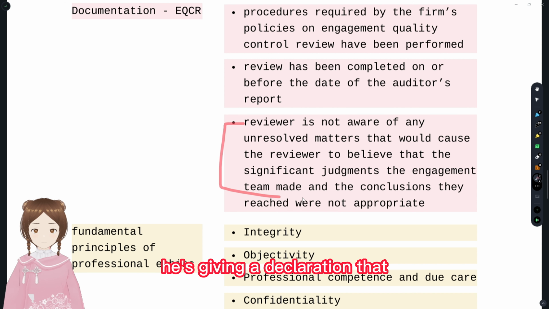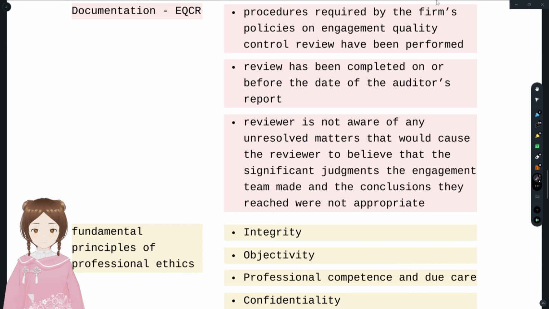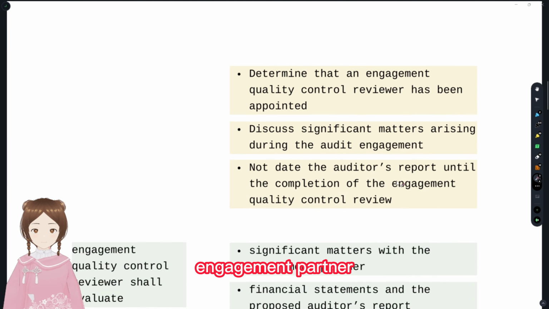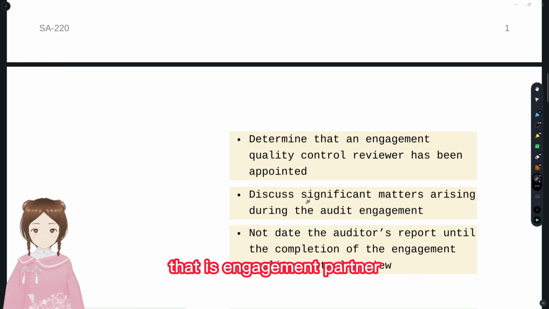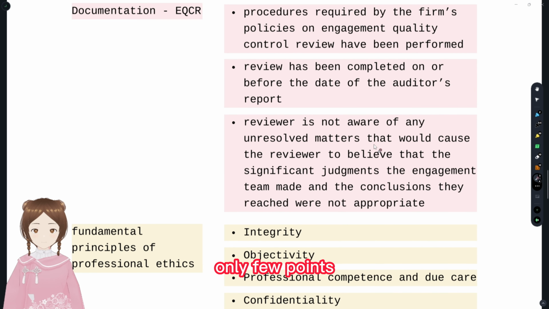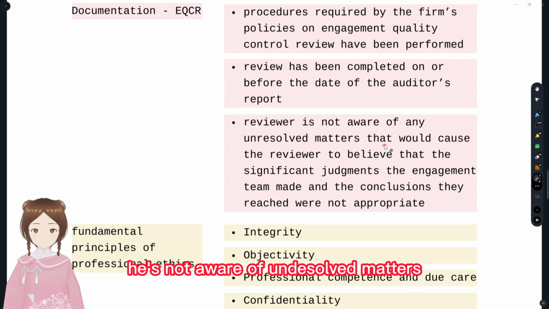He's giving a declaration that all the things were discussed. You see, the engagement partner does not discuss all matters; he discusses only significant matters. Now the EQCR is declaring that he is not aware of unresolved matters.